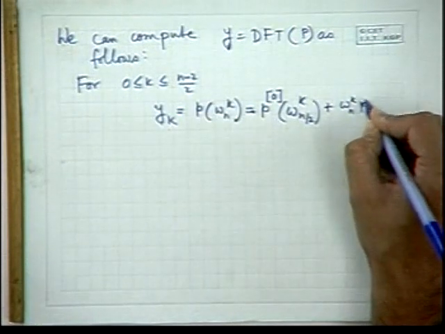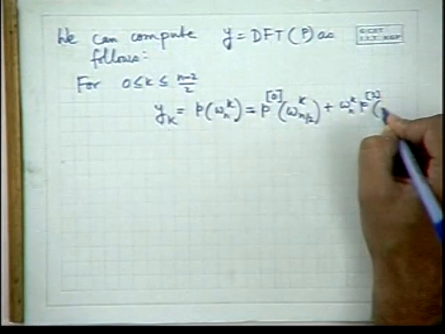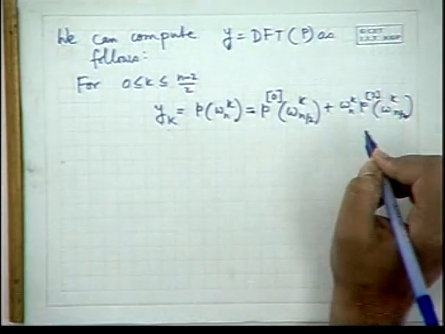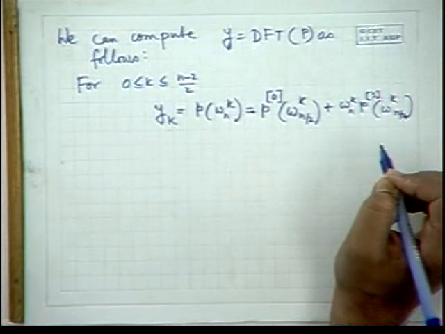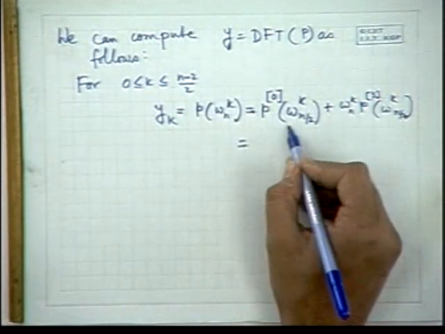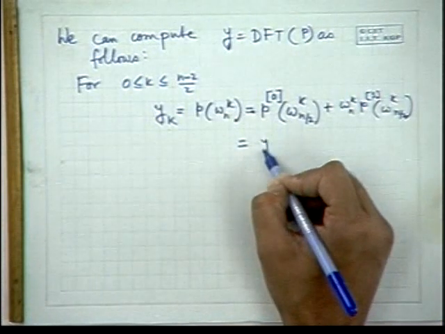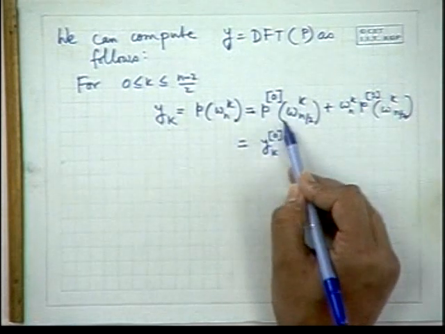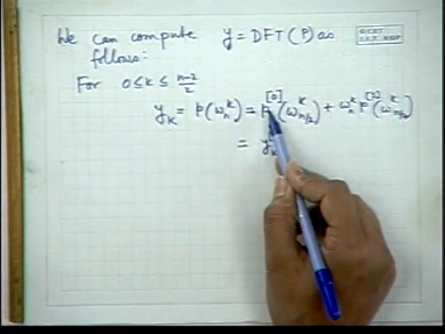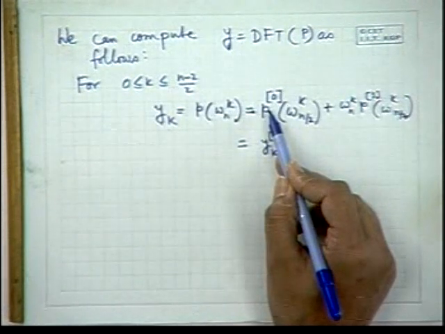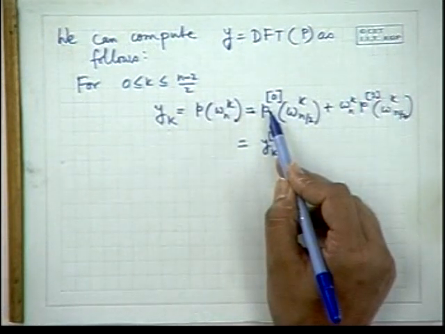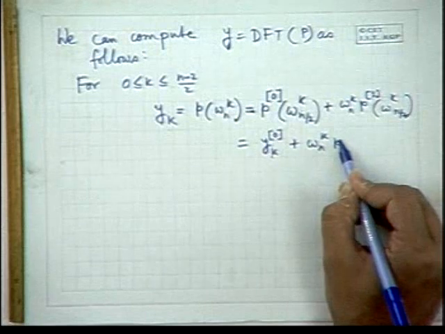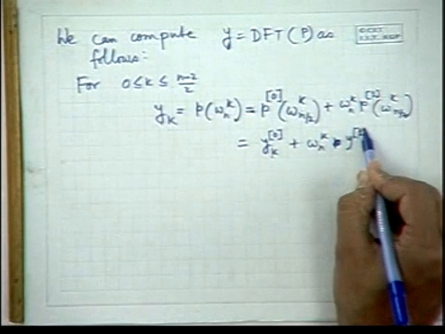Again we can write P1 of w^k of n over 2. And this is exactly, as we have already seen, nothing but y0 k by definition. This is the kth element of the DFT of P0, which we just wrote on the previous page, plus w_n^k times y1 k.